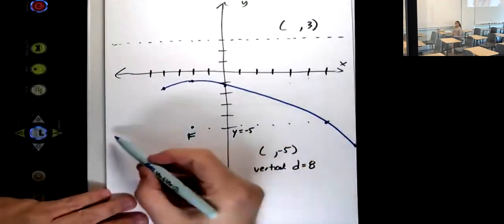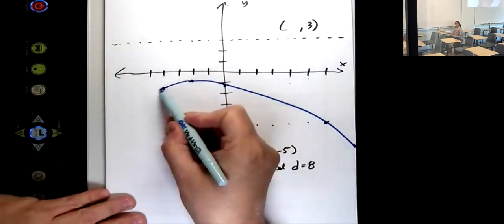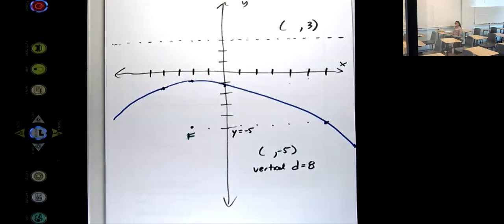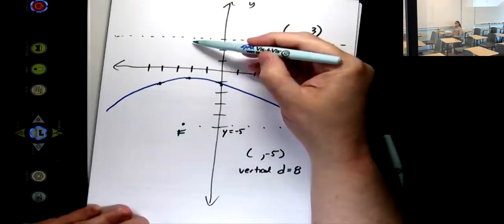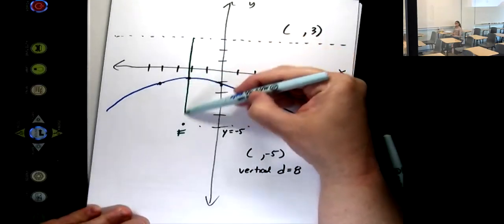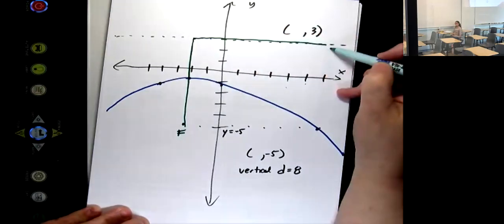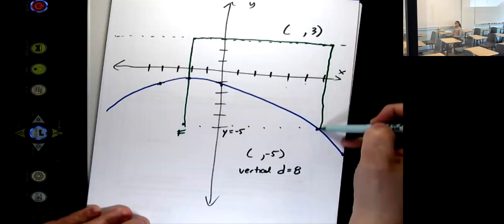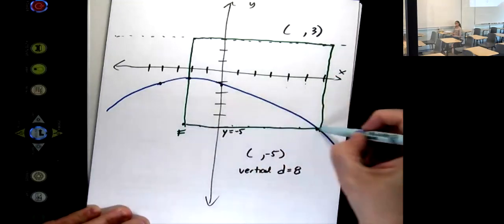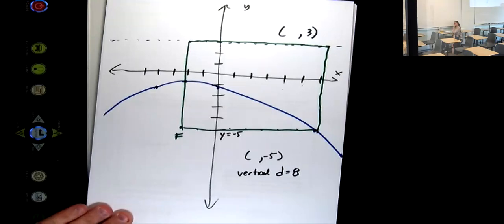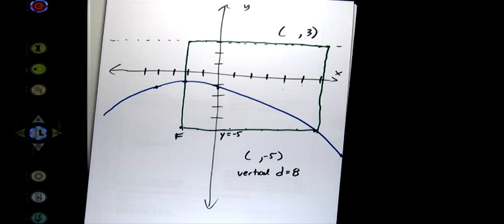And we should have one that's 8 to the left as well. He made basically a box: we went 8 that way, 8 down, and 8 that way. So that's how we found another point on the parabola. Is that what you did, Chris? Exactly.